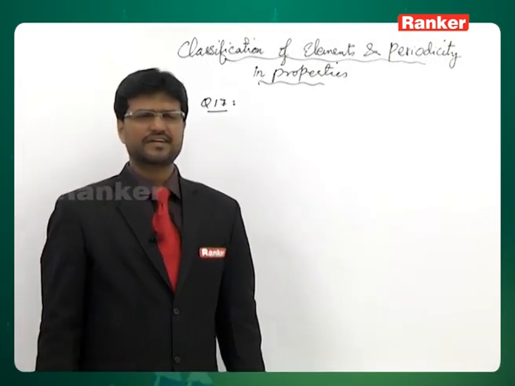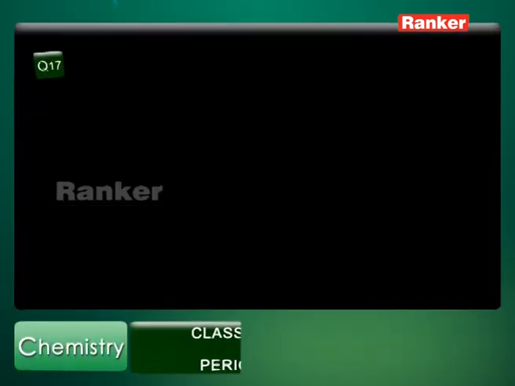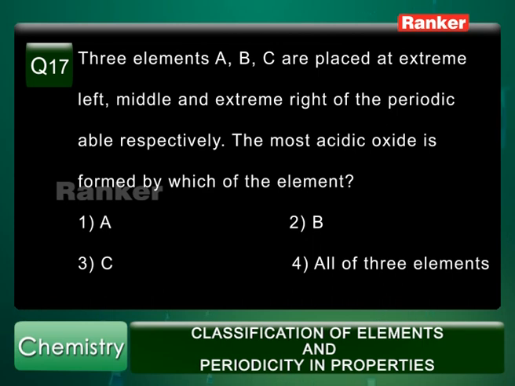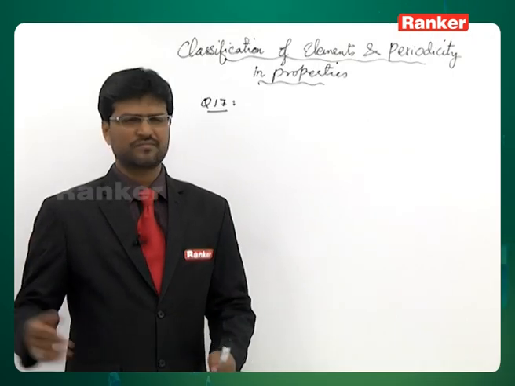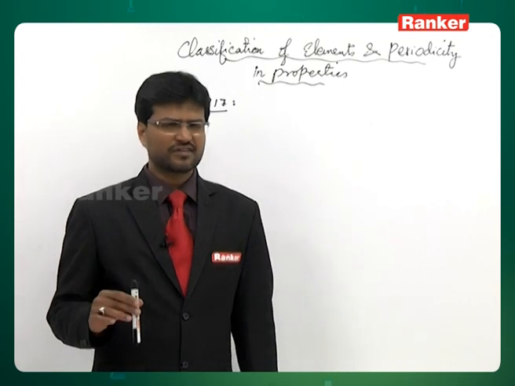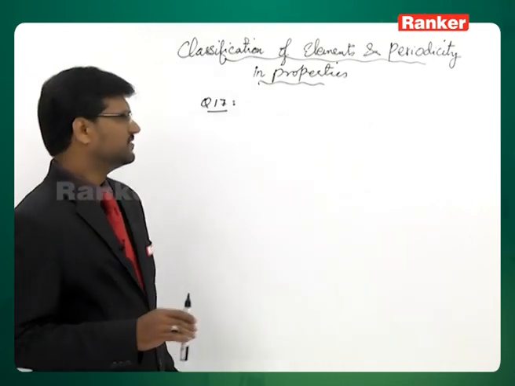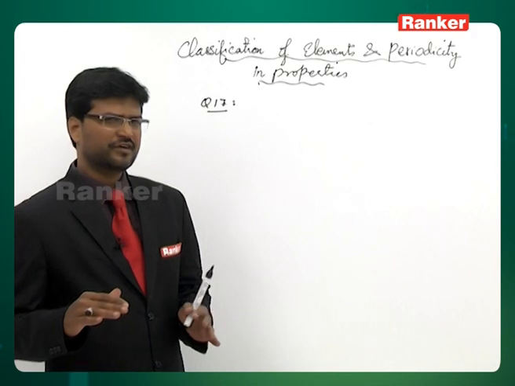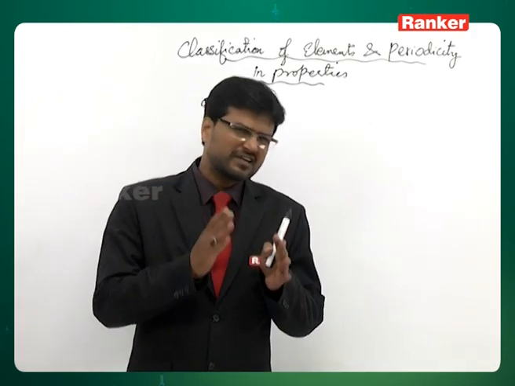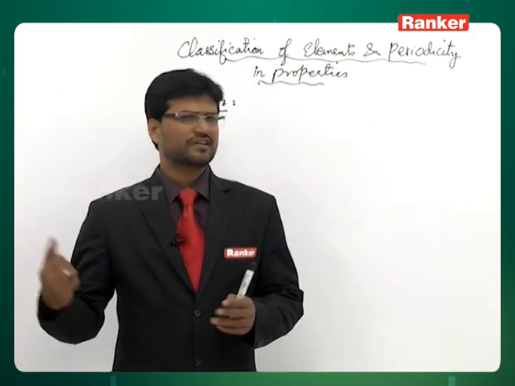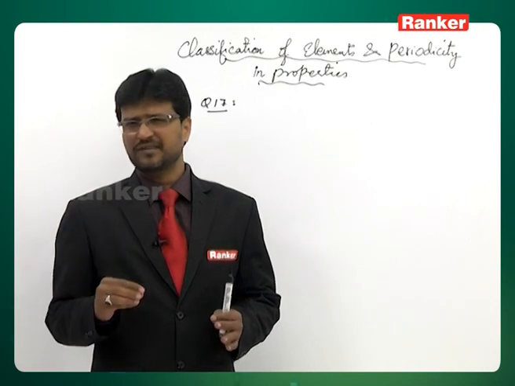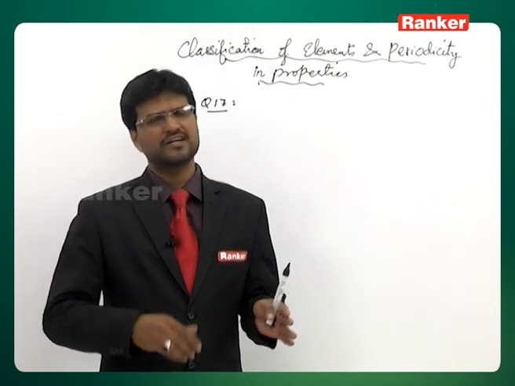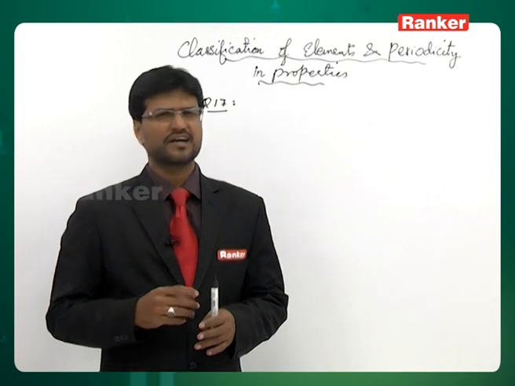Question number 17. 3 elements A, B, C are placed at extreme left, middle and extreme right of the periodic table respectively. That means A is in the extreme left and C is in the extreme right. The most acidic oxide is formed by which element? See, across a period in a periodic table, as we move from left to right, basic nature of oxide decreases and acidic nature increases. So, at the extreme left you have strongly basic oxide and on the extreme right you have strongly acidic oxide.